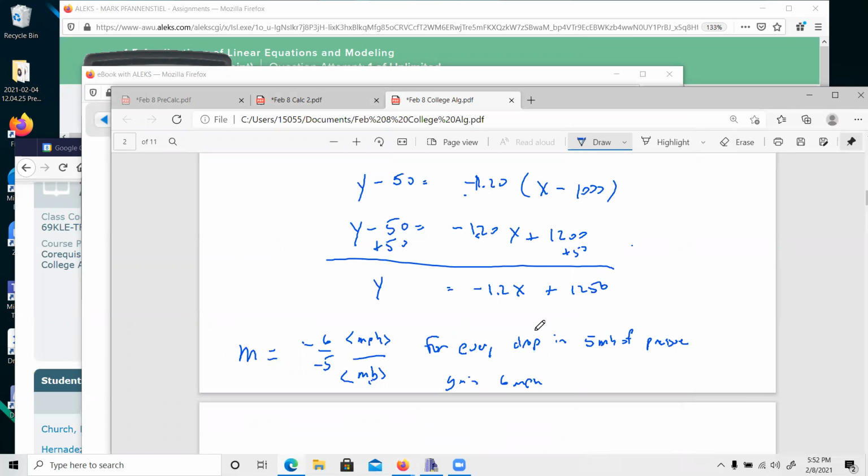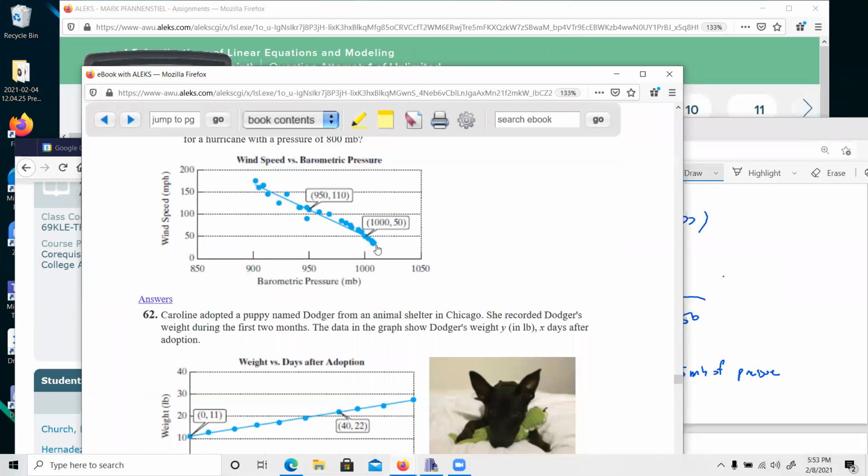Okay, so there we go. That's for every drop of 5 millibars of pressure, we gain 6 miles per hour. And I wanted to come back to my chart to show you that the drops in millibars was raising, right? If I'm going down in millibars, then I am raising my wind speed. Or maybe I could say a drop of wind speed increases in millibars.